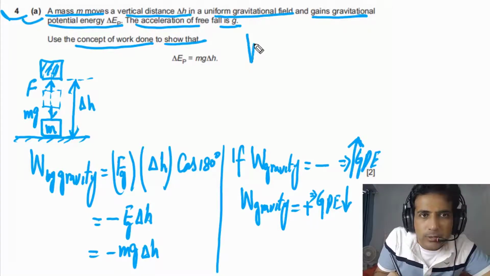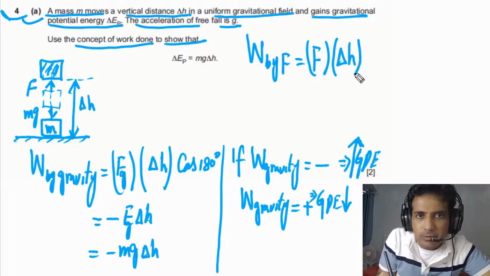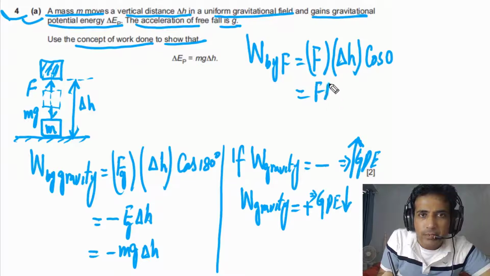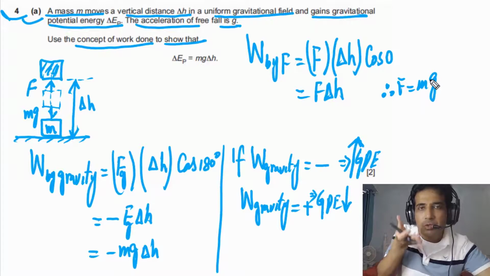Let's try to calculate work done by F, meaning work done by the applied force. Work done by the applied force will be equal to force applied times the vertical displacement. In this case, the angle between force and vertical displacement is 0 degrees, so we simply get F times delta h. But the force we applied is equal to mg, because the body is moving with constant velocity.